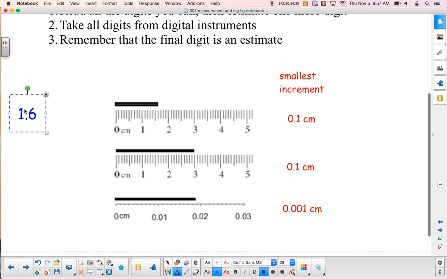The 1 and the 6 represent the 2 digits that I know for certain. Now I need to estimate one more digit. I need to estimate a digit that tells me how close I am to moving toward the 0.7 mark. In this case, I'm barely past the 0.6, so I'm going to estimate that 1. And all good measurements should have units.